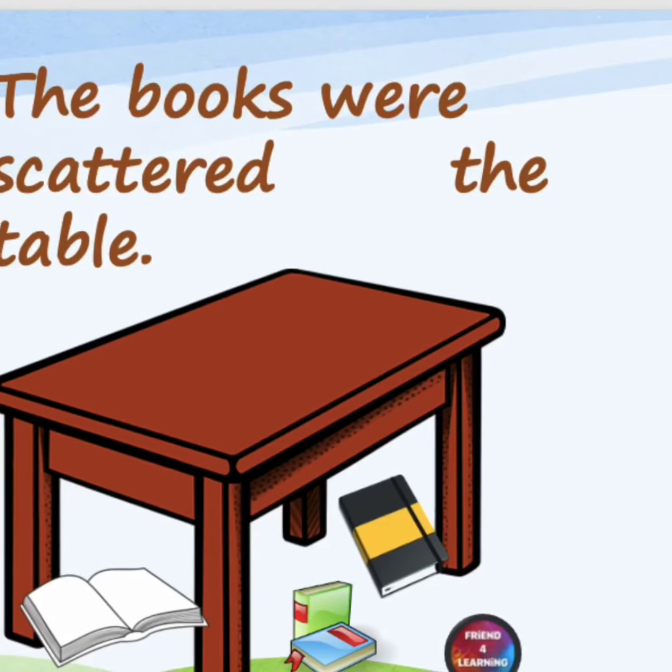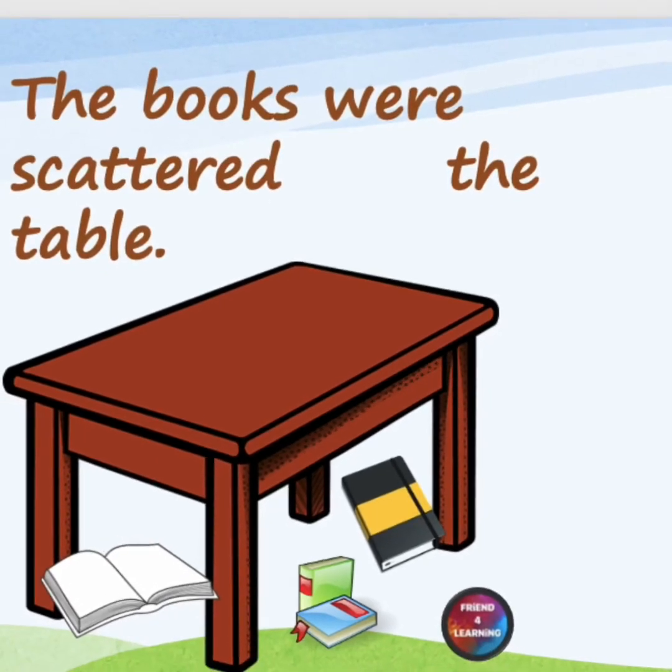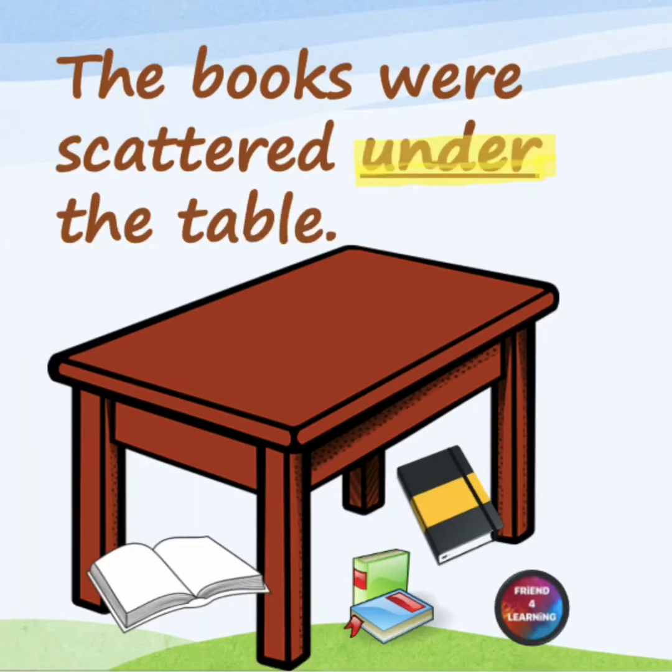So the books is a noun, table is a noun. What is the linking word that connects both of these nouns? Therefore, the linking word is under. That is the prepositional word. The books were scattered under the table.